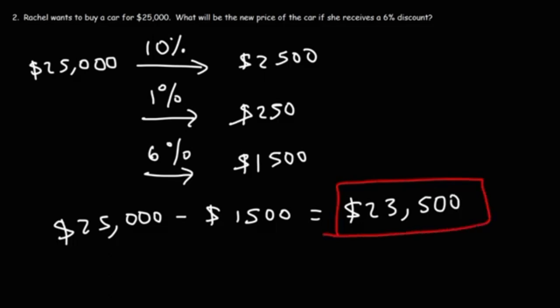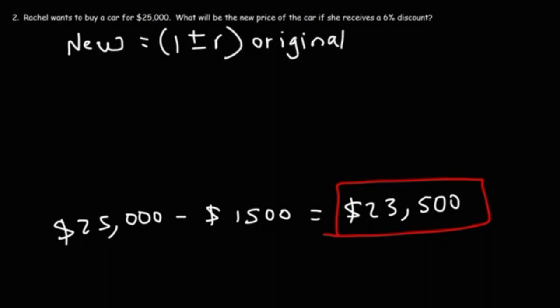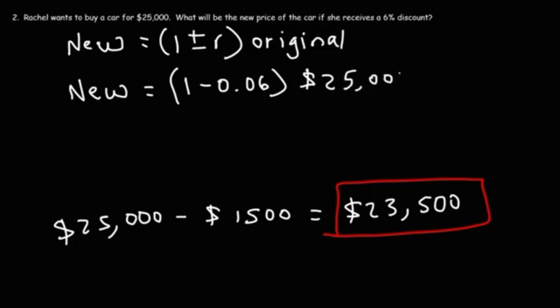Now let's confirm this answer using the formula that we had earlier. So the new price is going to be 1 plus or minus R times the original price. We're dealing with a discount, so it's going to be negative R. 6% as a decimal is 0.06, and the original price of the vehicle is $25,000.